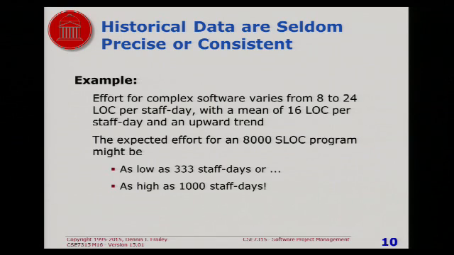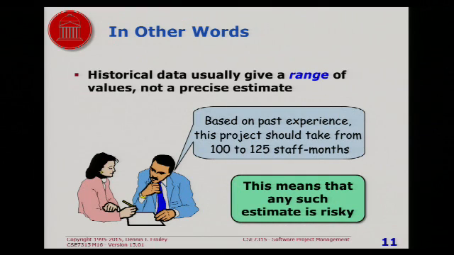You look at your historical data and then average it out and then look at the worst and the best cases and come up with your number. Historical data usually gives you a range. The more data you have, the narrower the range usually is, which is why you want to collect lots of data.